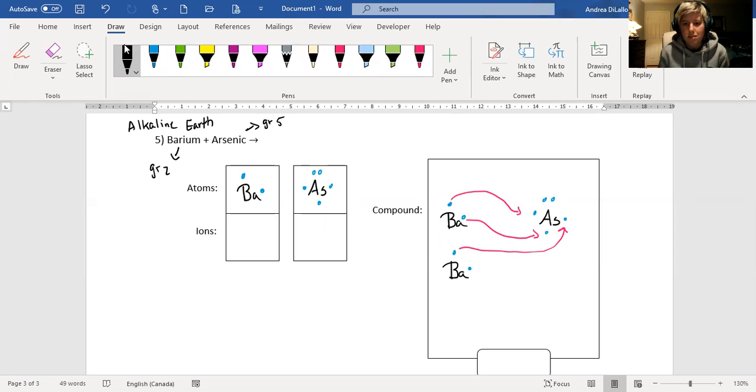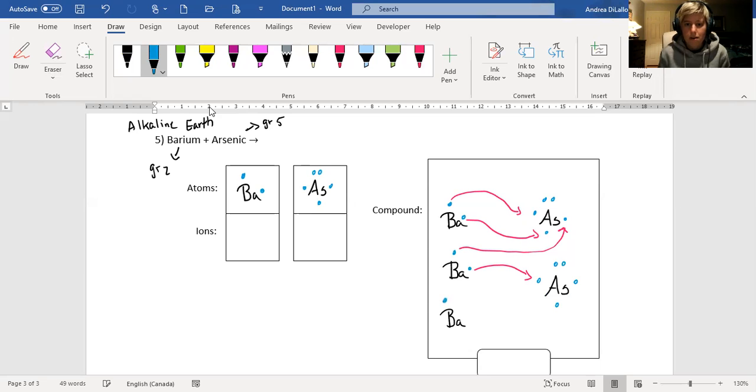So what happens? An arsenic comes in to start taking those missing electrons. So arsenic comes in, takes an electron from barium. So this barium's happy, but arsenic's not happy because it's missing 2 electrons. So what needs to come in to give arsenic those 2 extra electrons? Another barium.